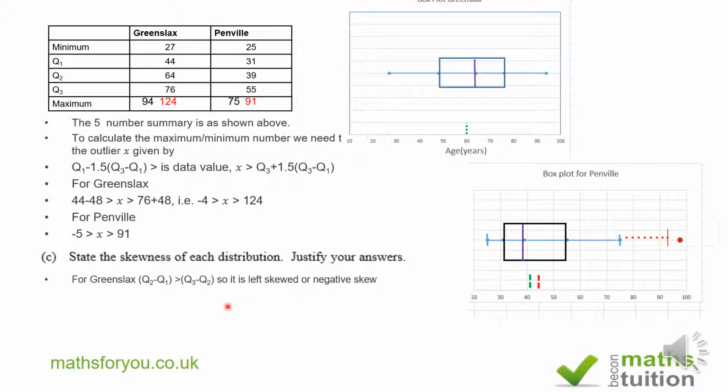Another way of finding whether it is negatively skewed or positively skewed: if Q2 minus Q1 is greater than Q3 minus Q2, as in green slacks, then that is an indication of negative skewing, because Q2 minus Q1 is greater than Q3 minus Q2.